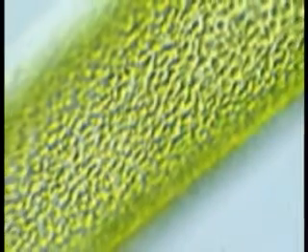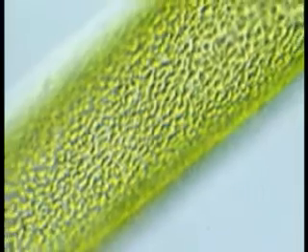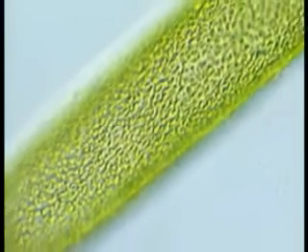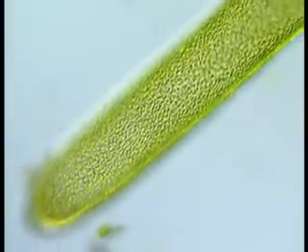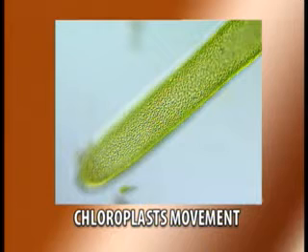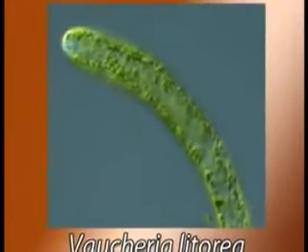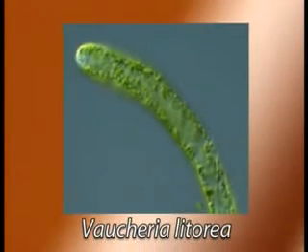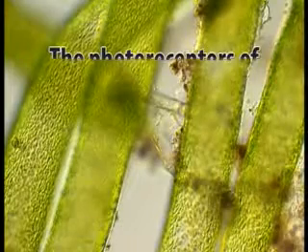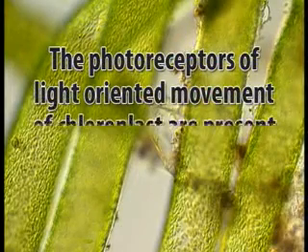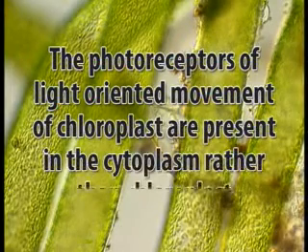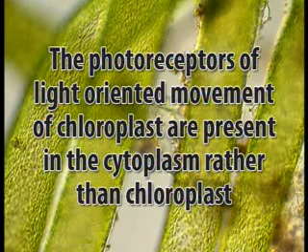Chloroplasts, along with small vesicles and mitochondria, move with the streaming of cytoplasm along the longitudinal axis of the filament in the dark. Cytoplasmic fibrils have been reported in Vaucheria littorea. The photoreceptors of light-oriented movement of chloroplasts are present in the cytoplasm rather than in the chloroplast.